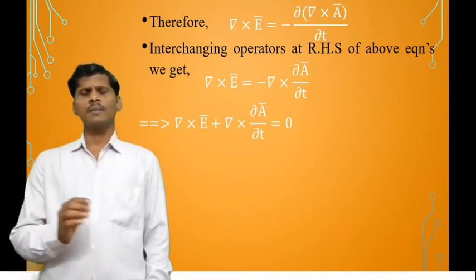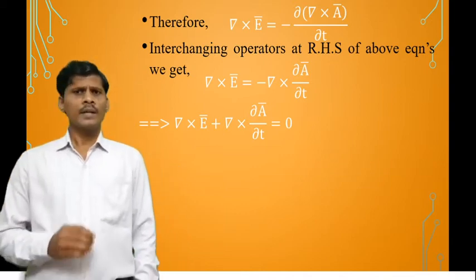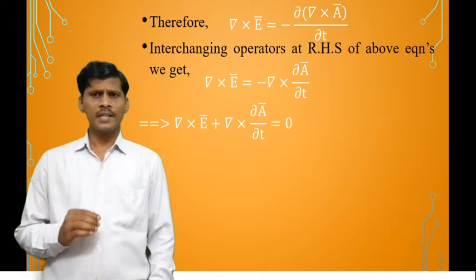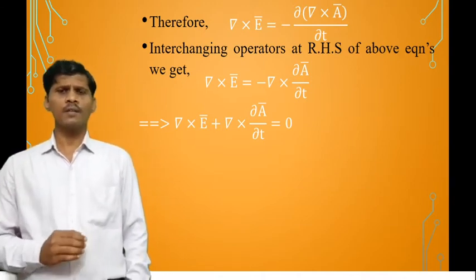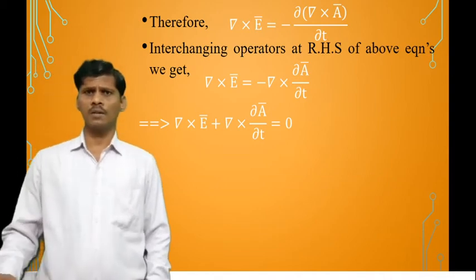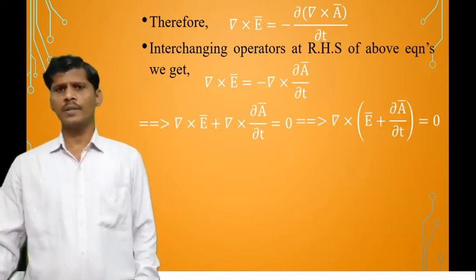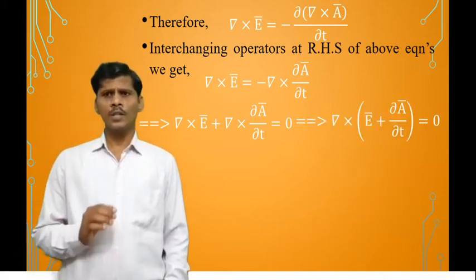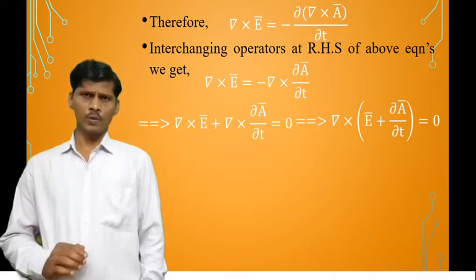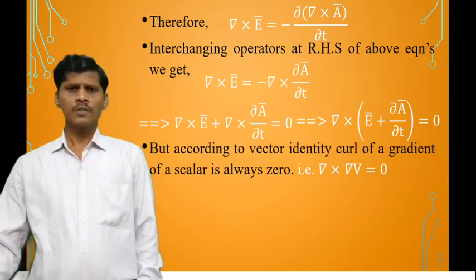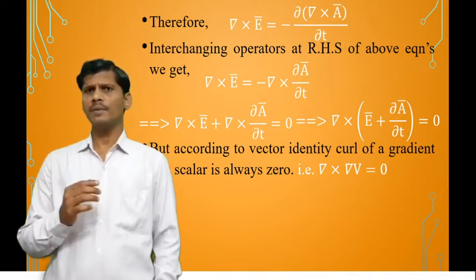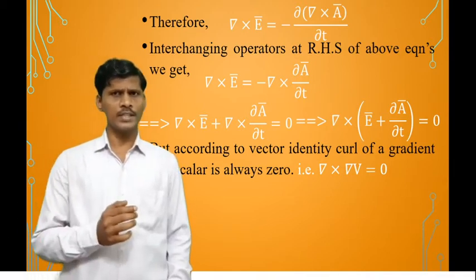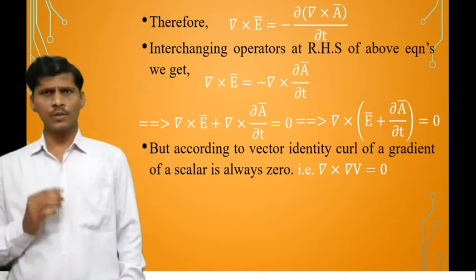The RHS term is brought to the LHS side. We have del cross E bar plus del cross dou A bar by dou t. On the LHS, del is common, so that equation may also be written as del cross of E bar plus dou A bar by dou t. Using the vector identity, the curl of the gradient of a scalar is always 0, that is del cross del V is equal to 0.